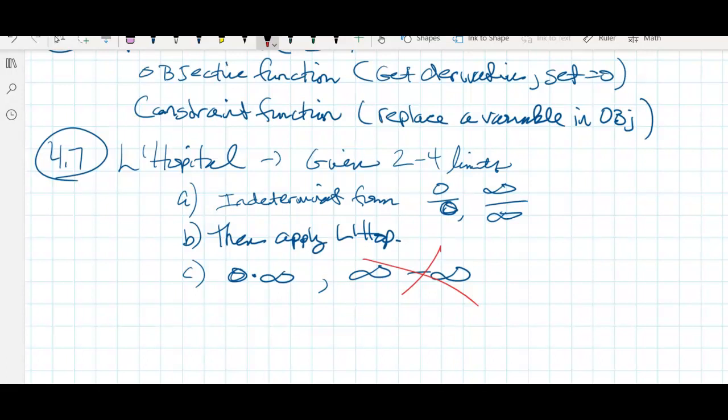But if I do give you this one, as it stands, that is not L'Hopital's, but you can apply a little algebra magic, remember? You need to get it to 0 over 0 or infinity over infinity.